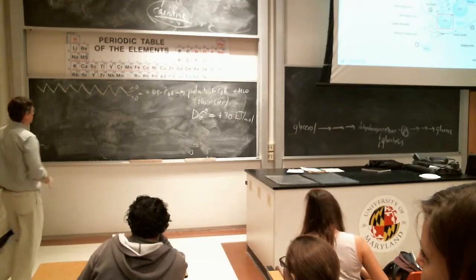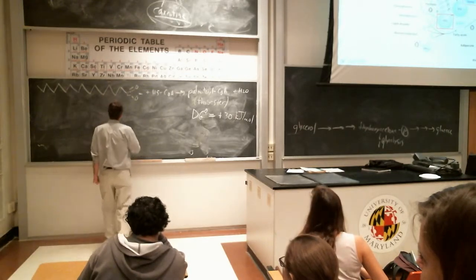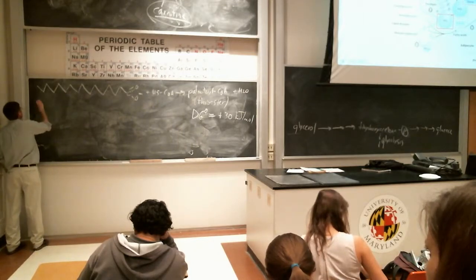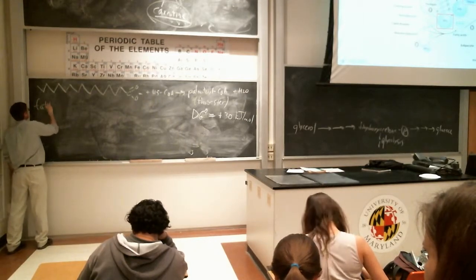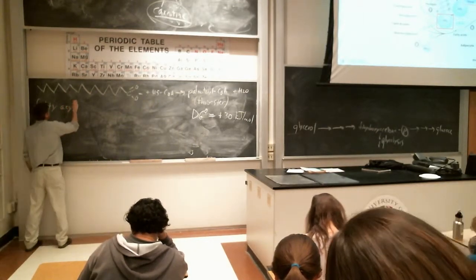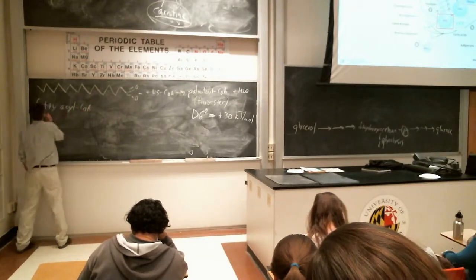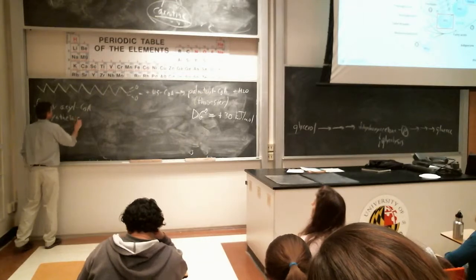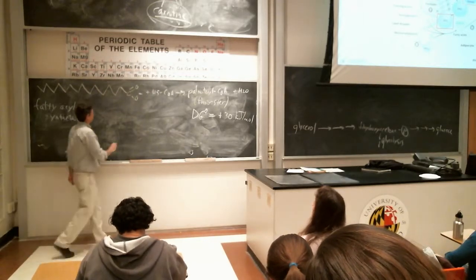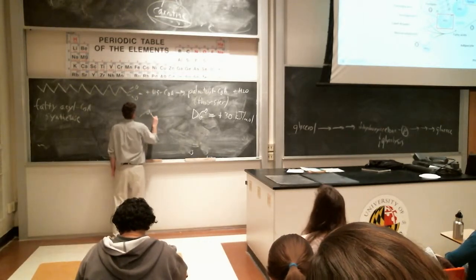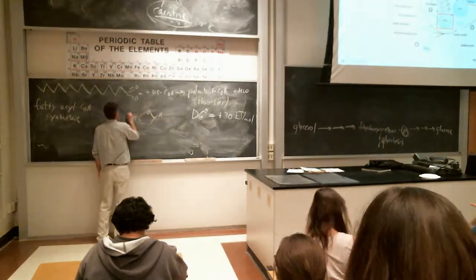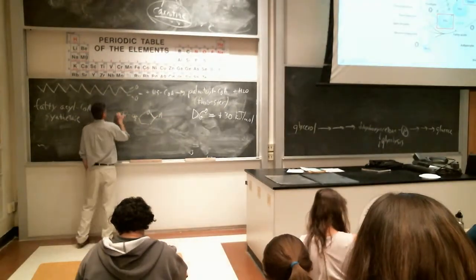The enzyme that catalyzes this reaction is called fatty acyl-CoA synthetase. And so the reaction begins by the P with a circle.